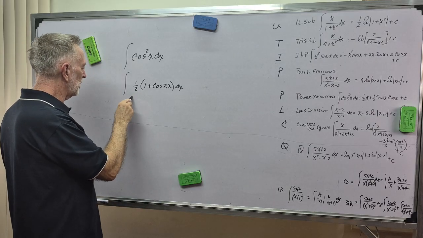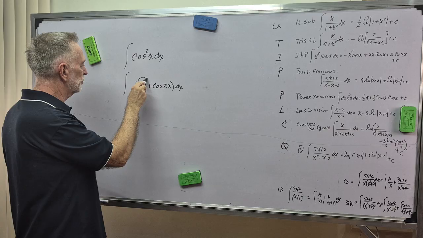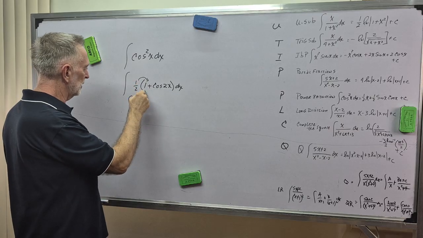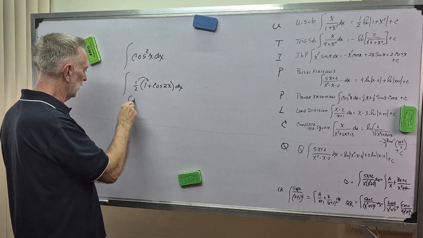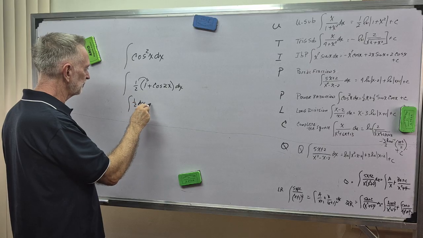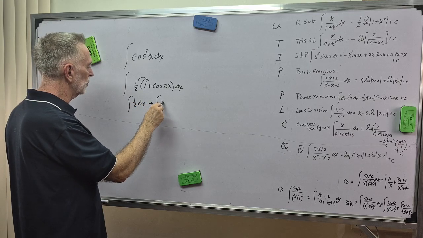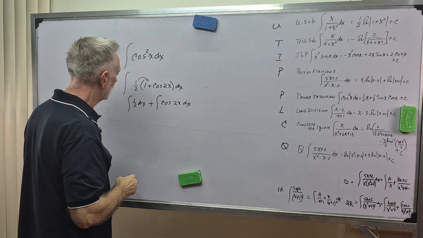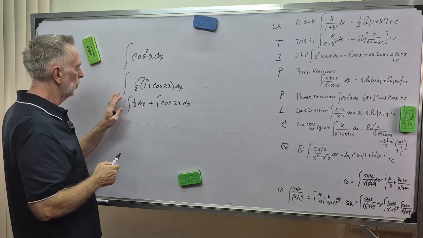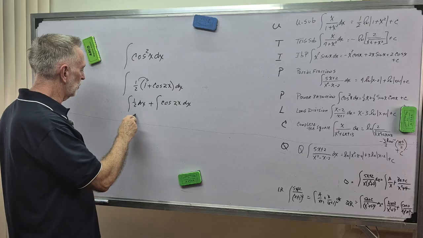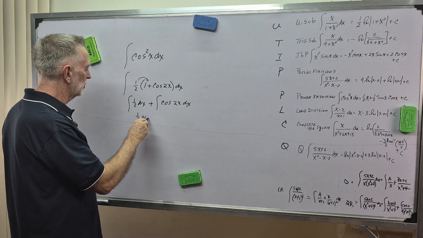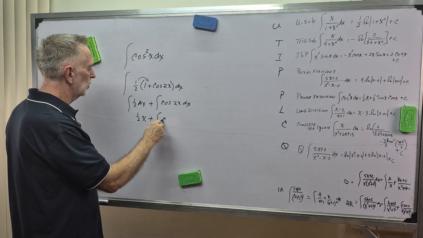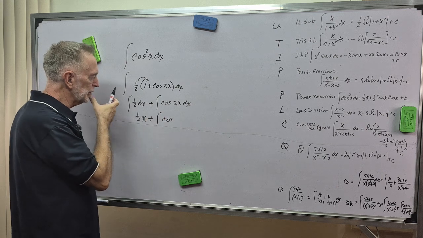Okay, and I can break that apart. I can distribute that dx and the 1/2 to the inside, so that's 1/2 dx plus the integral of cosine 2x dx. Well, the integral of dx is x, so I have 1/2 x plus the integral of cosine 2x.